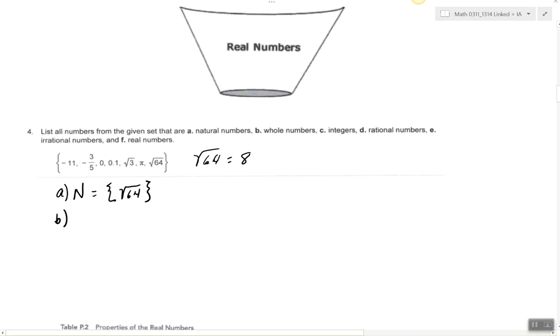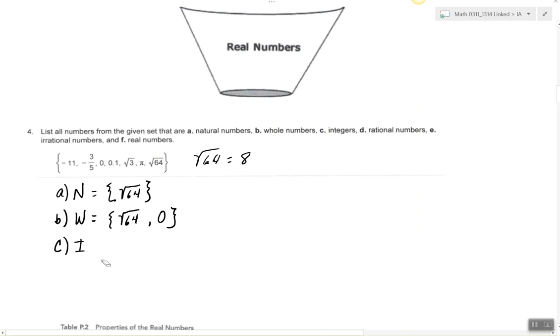B, the whole numbers. The whole numbers, first of all, they do contain anything that was a natural number and 0. So we will add 0 to that set because the whole numbers also have, quote, the whole. C, what falls into the set called the integers?